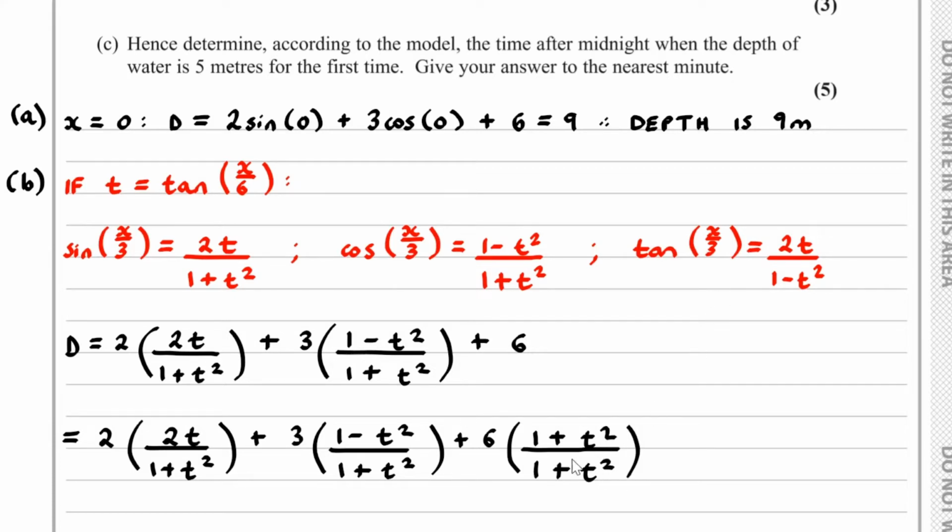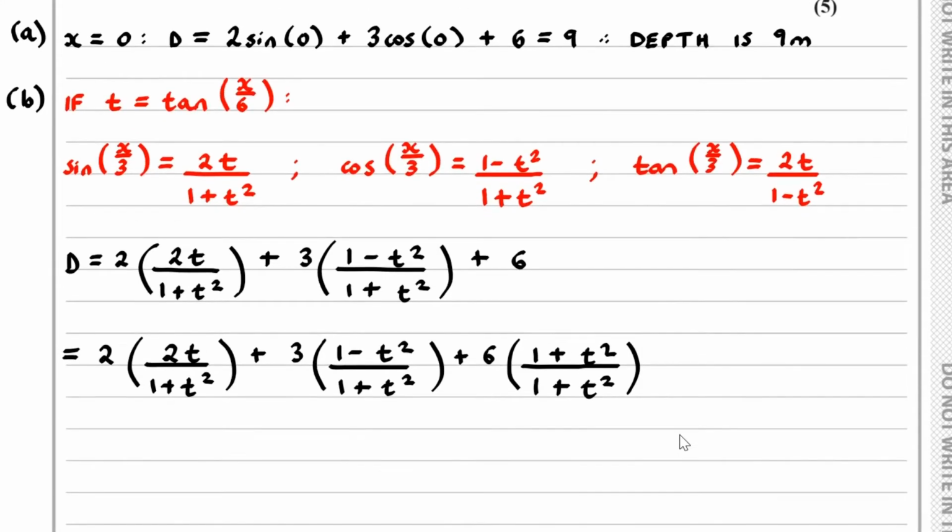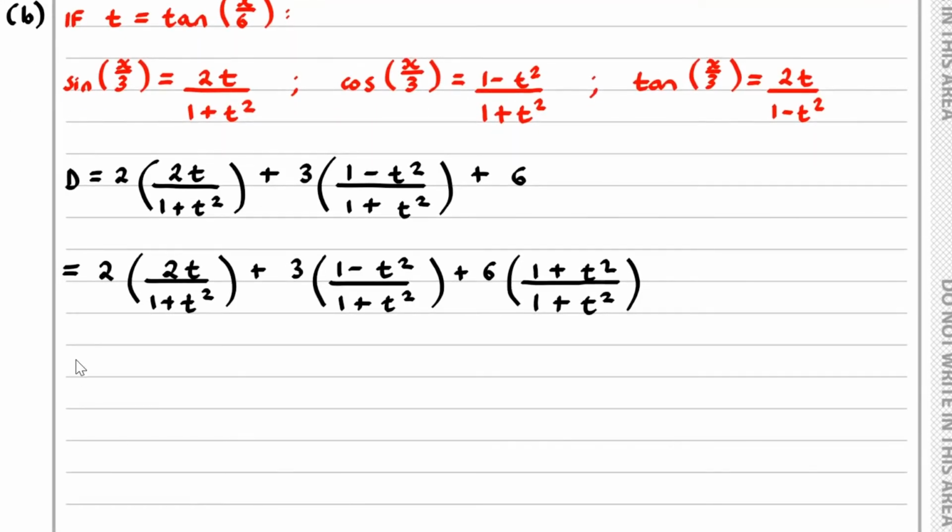It's as though these cancel out and simplify to give 1. Now you will recognise we've got a common denominator of 1 plus t squared in every term.